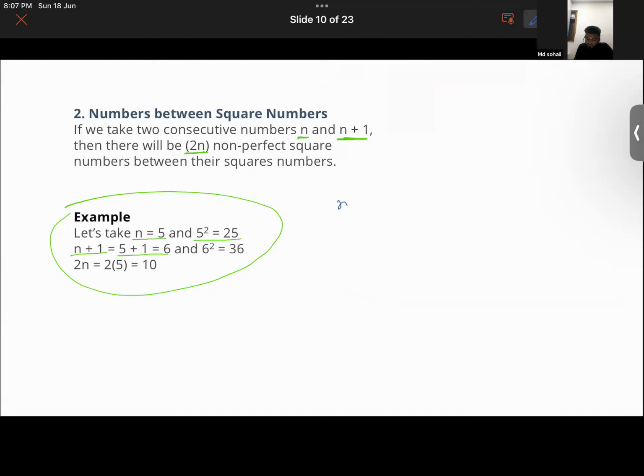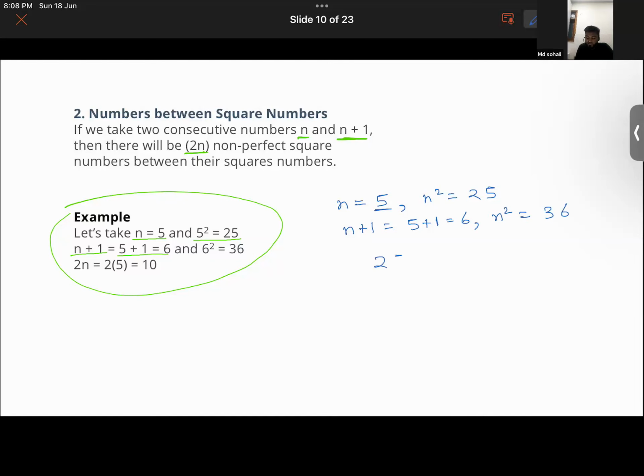So we take n equals 5. All right, so n square equals 25. Then we take n plus 1, that means 5 plus 1 here. Remember, we have taken n as 5. So 5 plus 1 gives me 6, and 6 square gives me how much? It gives me 36.